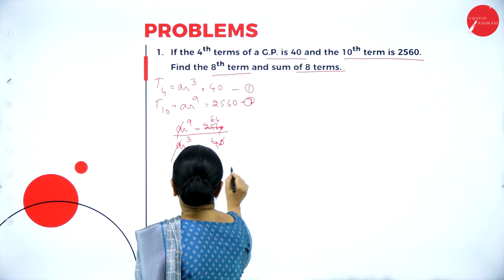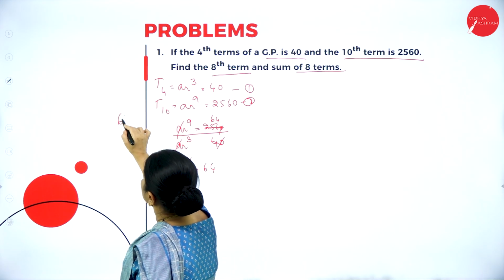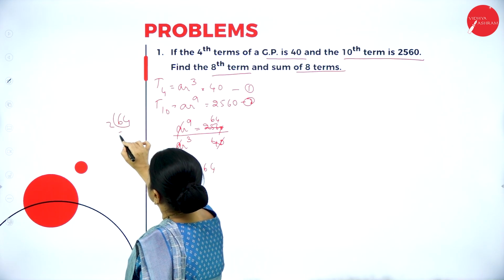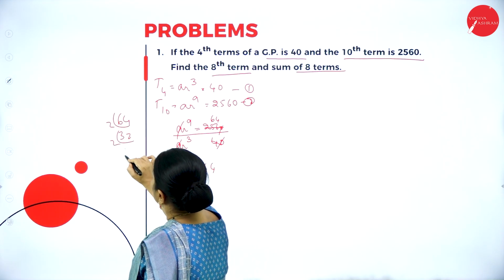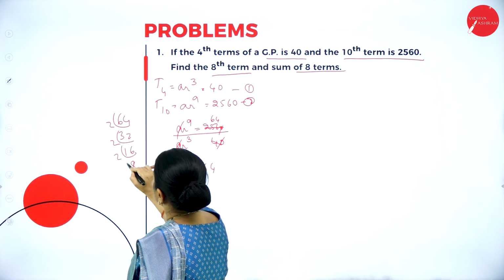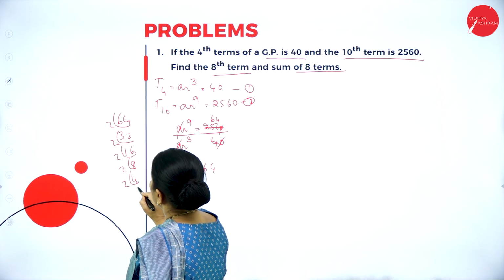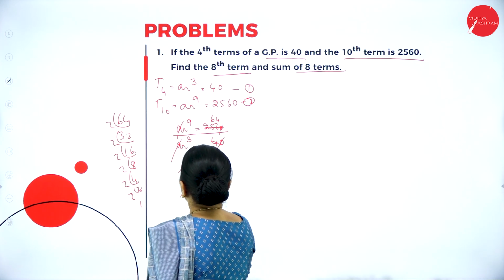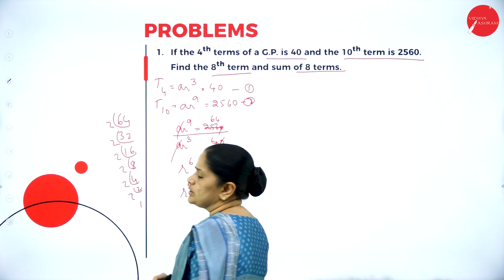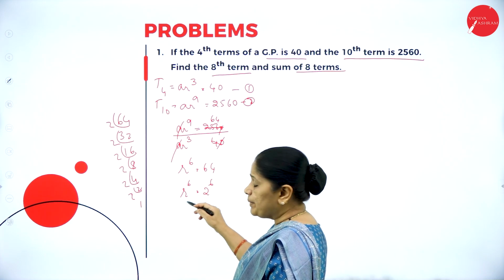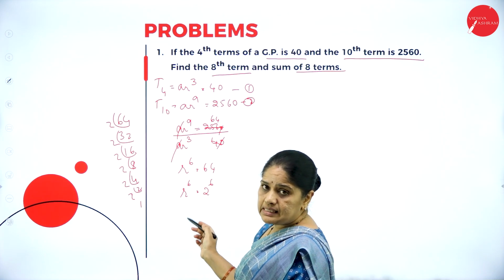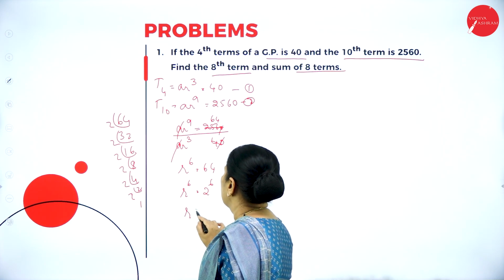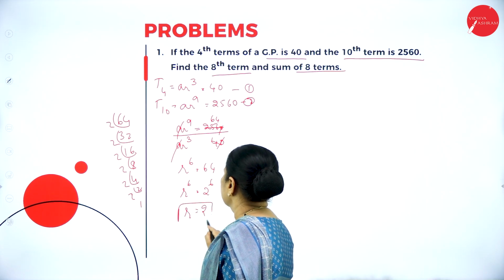R will be equal to, now I'll just factorize 64: 2 32s are 64, 2 16s are 32, 2 8s are 16, 2 4s are 8, 2 2s are 4, 2 1s are 2. So R to the power of 6 equals 2 to the power 6. When the powers are same, the bases are equal. So R equals 2.